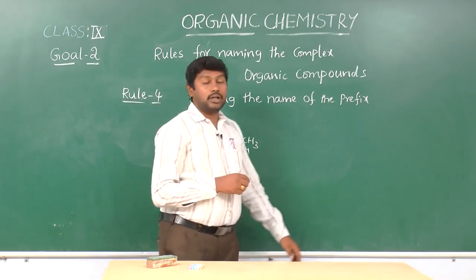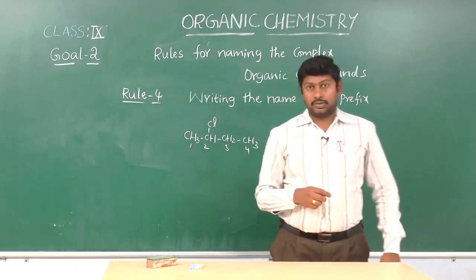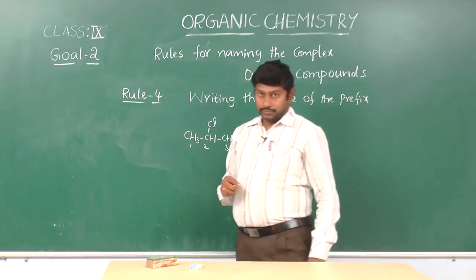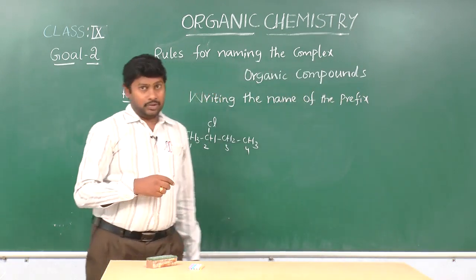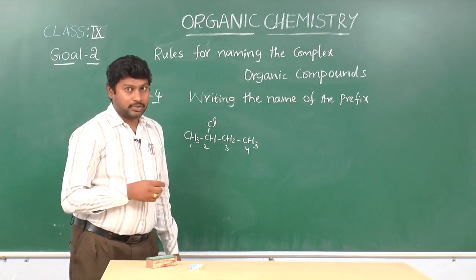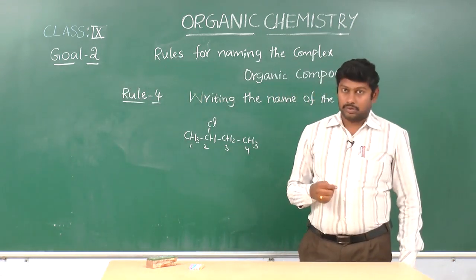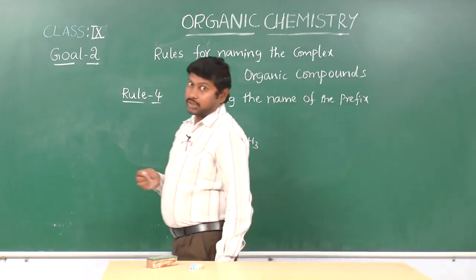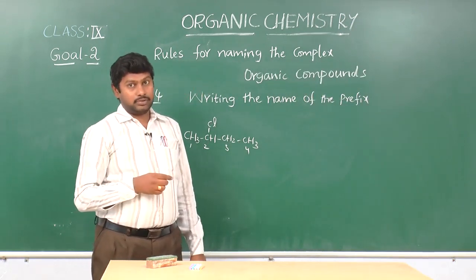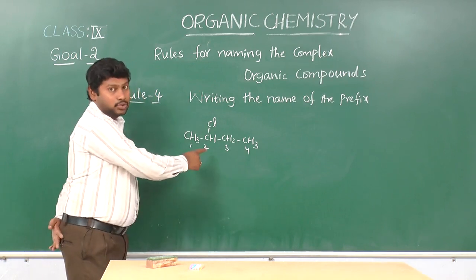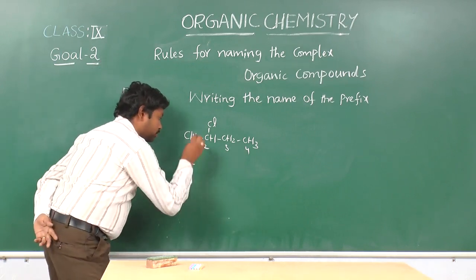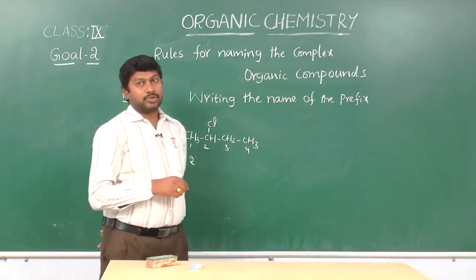And how to write the name of the prefix? Here first we should give the locant, the position of the substituent, and here the locant is 2. So, 2, and what is the substituent here?